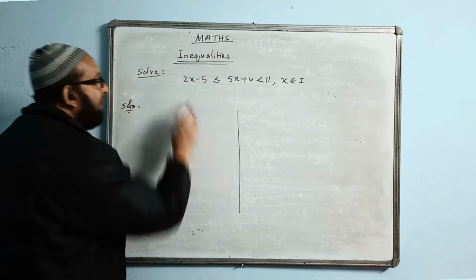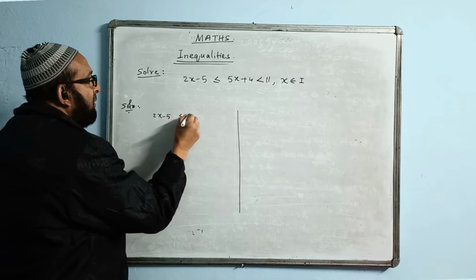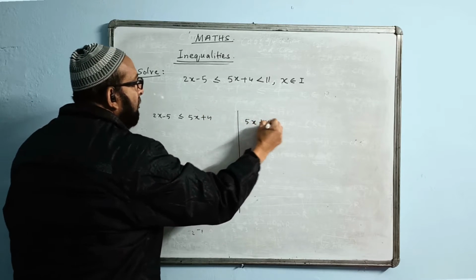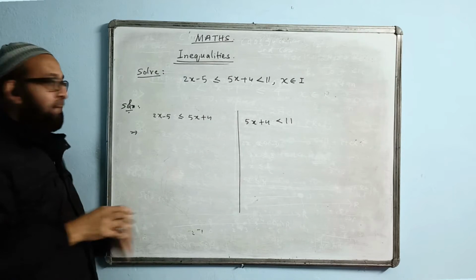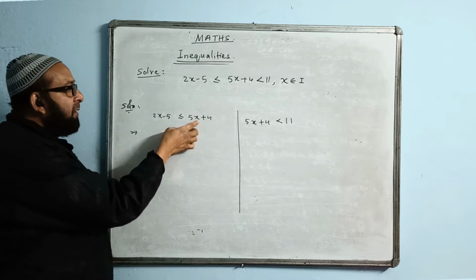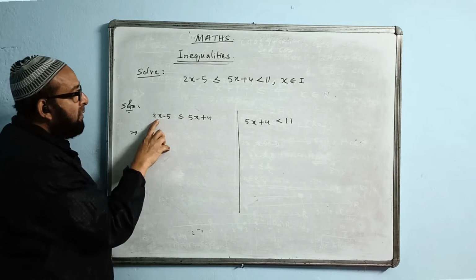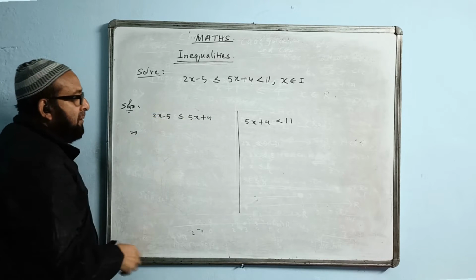We draw a line to separate. 2x minus 5 less than or equal to 5x plus 4. On the other side we get 5x plus 4 less than 11. This x, which side to keep? If you keep it this side, it will be negative. Between 5x and 2x, 5x is bigger, so this one stays on that side and the number you bring to this side.